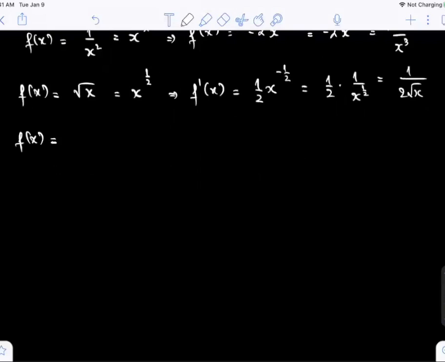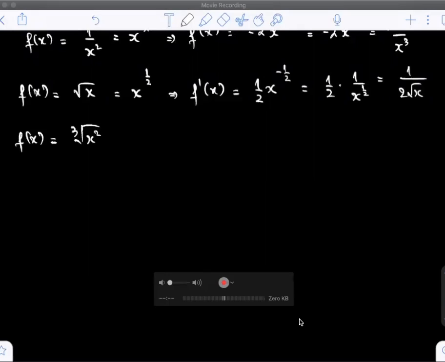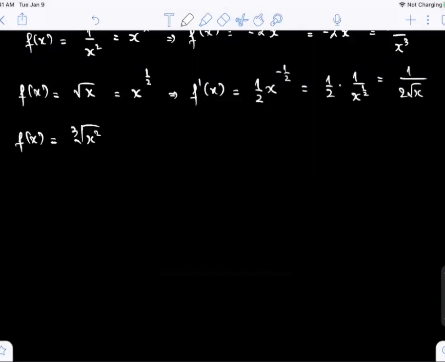So the next example is f of x equal to cube root of x squared. Right, so now I have a rational exponent. So try to turn this into a power function as well. So the power is x to the 2/3.